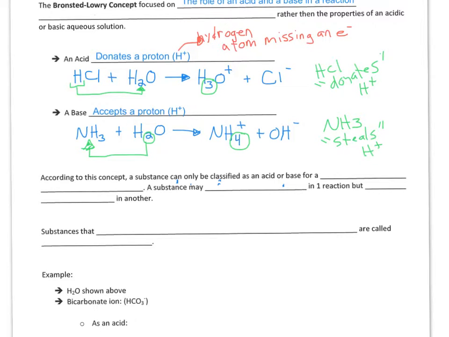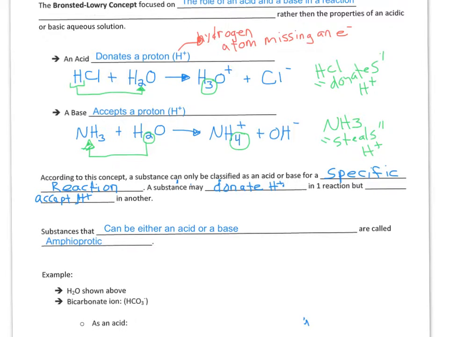So something kind of unique about the Bronsted-Lowry concept is that according to this concept, a substance can only be classified as an acid or base for a specific reaction. What that means is that a substance can donate a hydrogen in one reaction, but accept the hydrogen in another reaction. So substances that can be either an acid or a base are called amphiprotic.